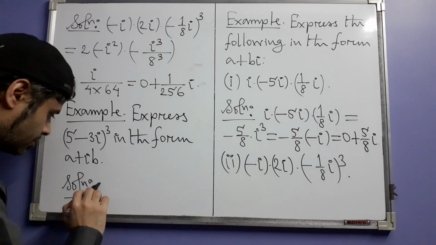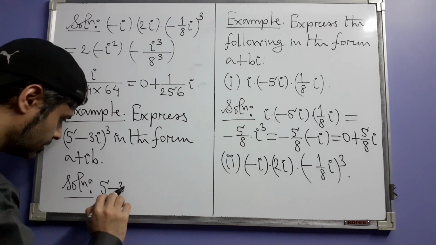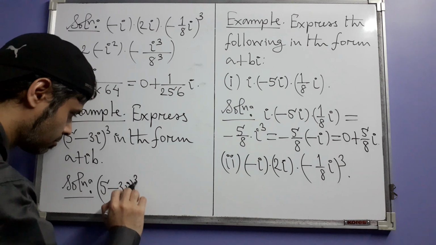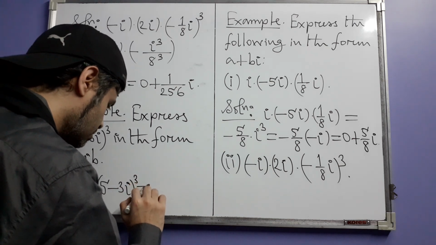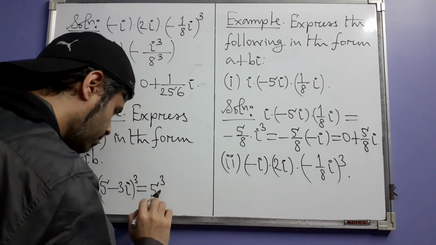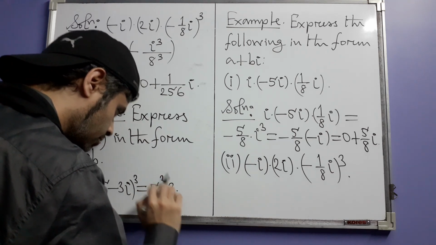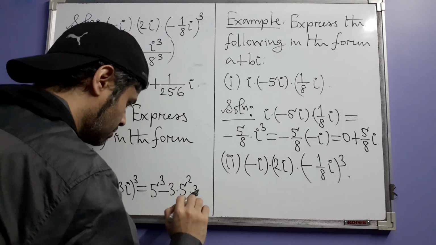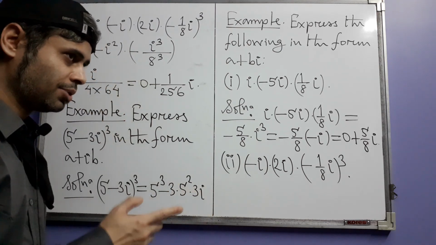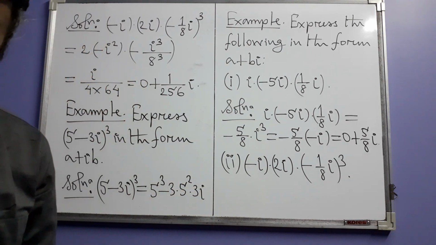So you can apply your formula, that identity, but be careful, there will be powers of 5. Okay, so 5 cube minus 3 times 5 square times 3i plus, after minus we have plus.